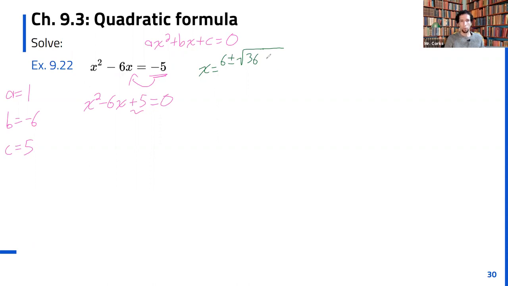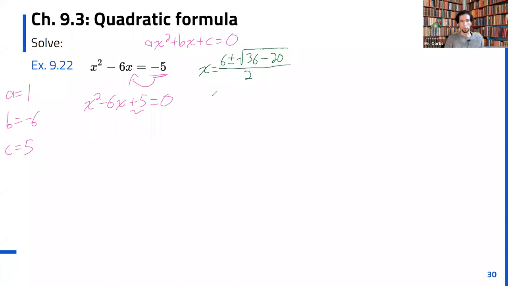And then our 4ac will be 4 times a. So that's just 4, and then times c here, which is 5. So 20. So 36 minus 20, and over 2a.